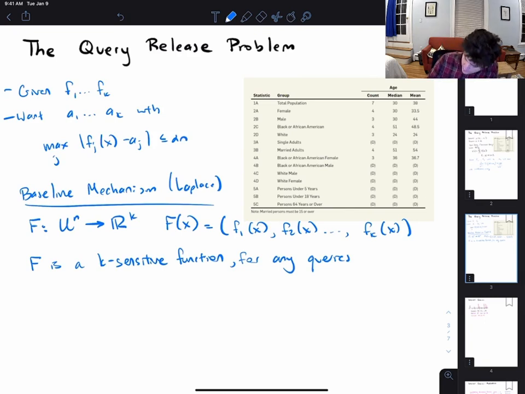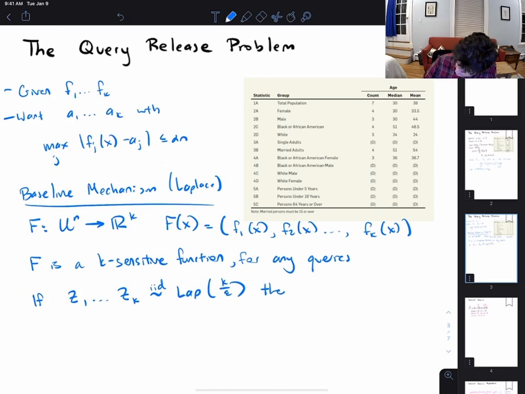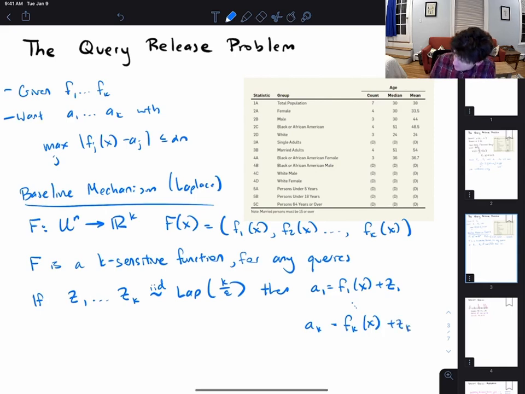So if z1 through zk are drawn IID from Laplace with parameter k over epsilon, then the vector a1 equals f1 of x plus z1, through ak equals fk of x plus zk is epsilon-DP.